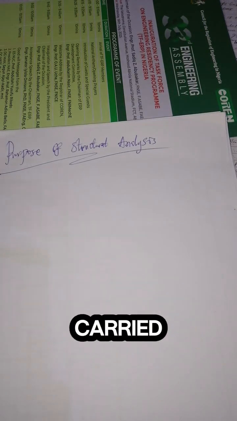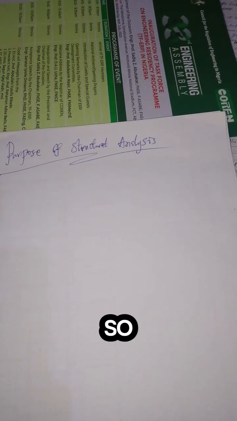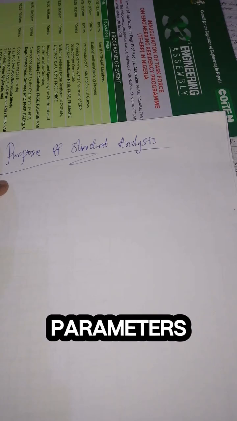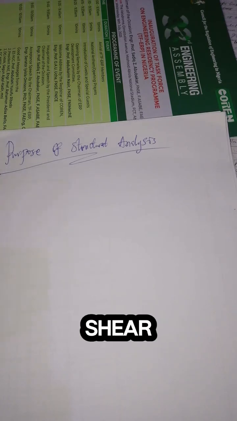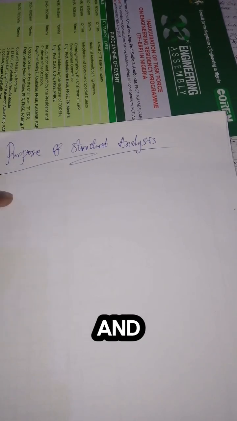Structural analysis is carried out to obtain data or parameters for design. So before you make your design, you have to do some analysis. These parameters may include the shear force, the moment, displacement, stresses, and strain.